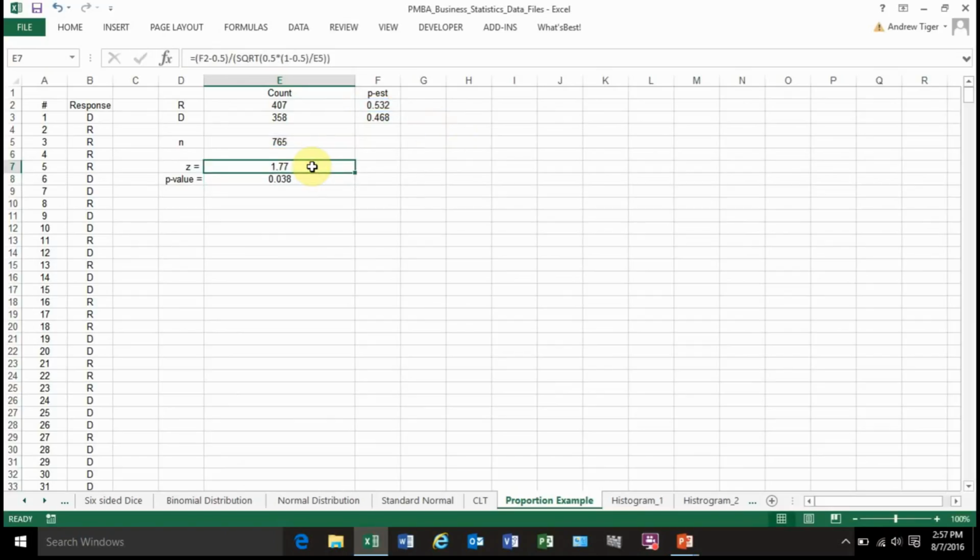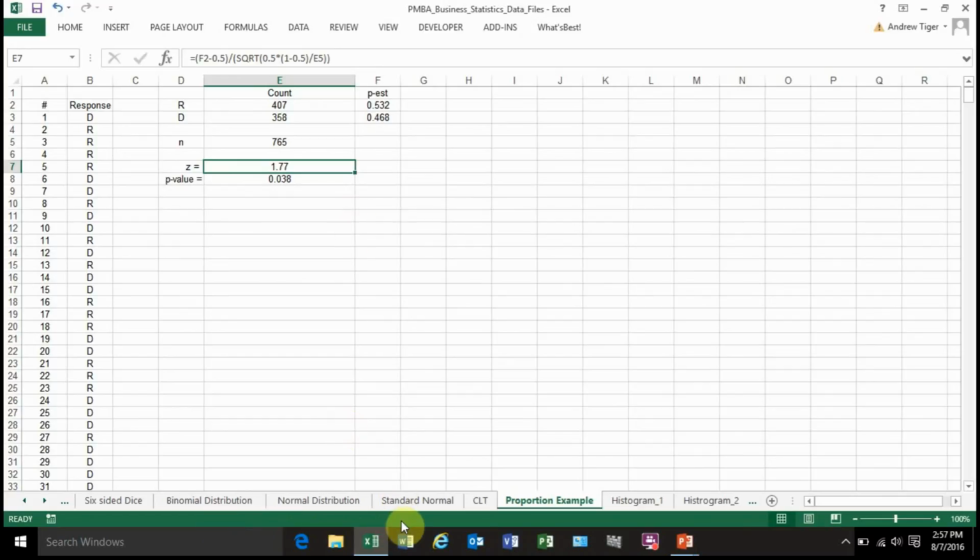Okay, so that Z value follows a normal distribution centered at 0, so 1.77 is to the right of that, about 1.77 standard deviations. The question then is, is that value high enough? And what is our p-value? That is the area in the tail to the right.